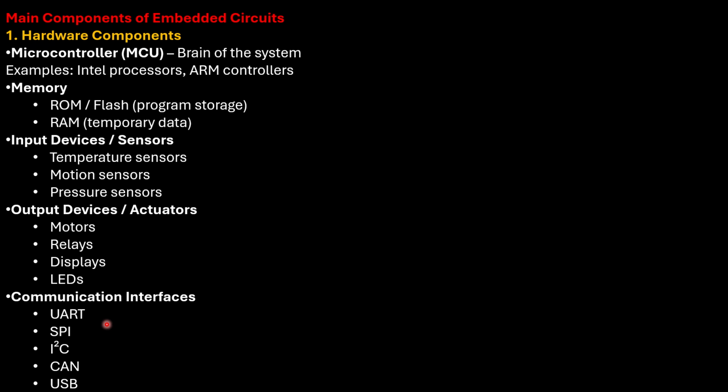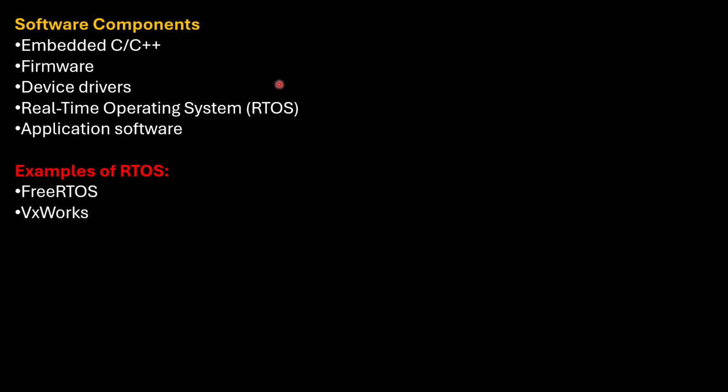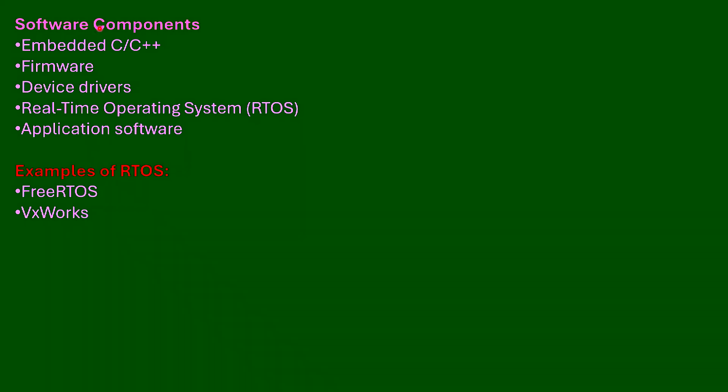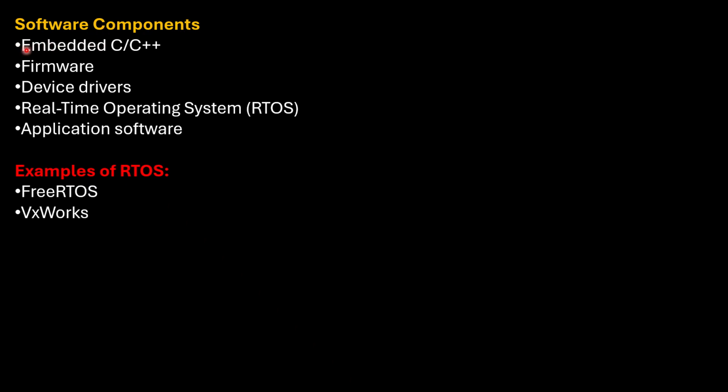And then communication interfaces: UART, SPI, I2C, CAN, and USB. Software components may be first embedded C or C++.